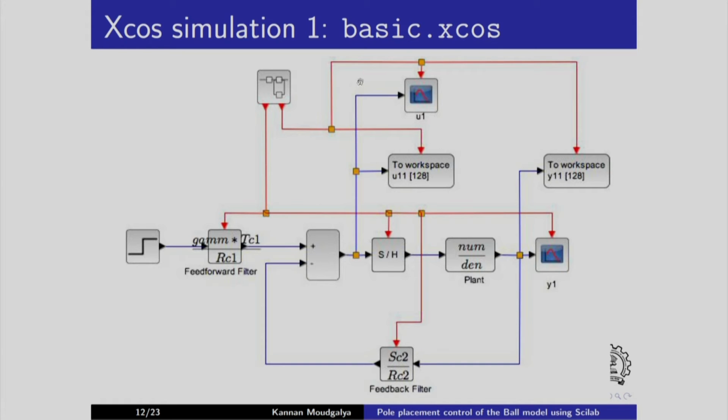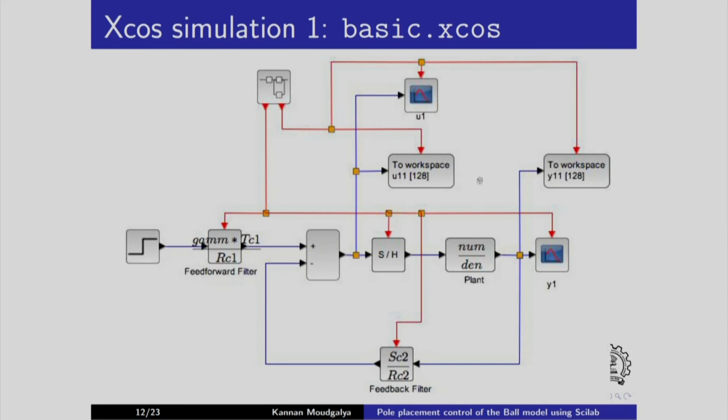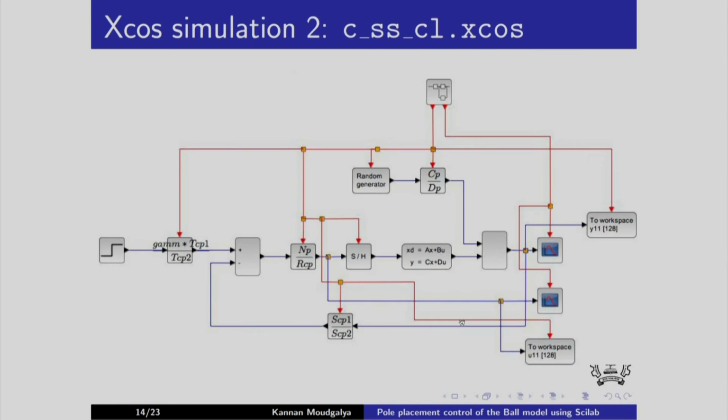So here is the basic.xcos screenshot. It is possible to simulate it using state space also. Remember in the previous slide, I have the plant given in terms of numerator and denominator transfer functions. Here I have given it in terms of state space.